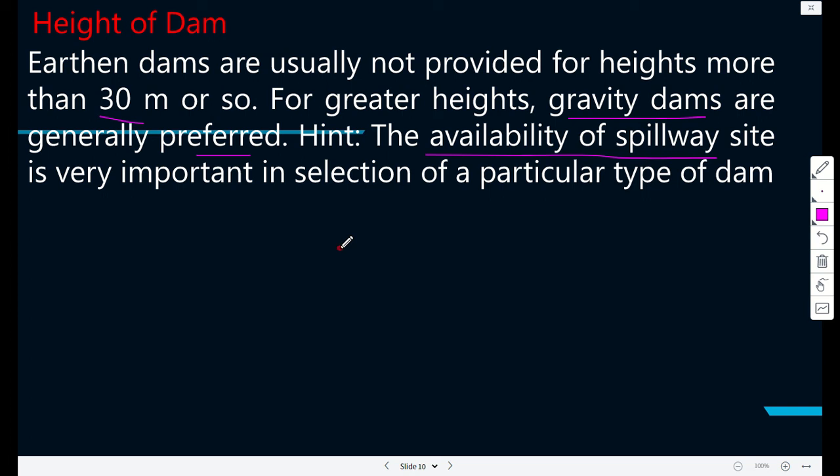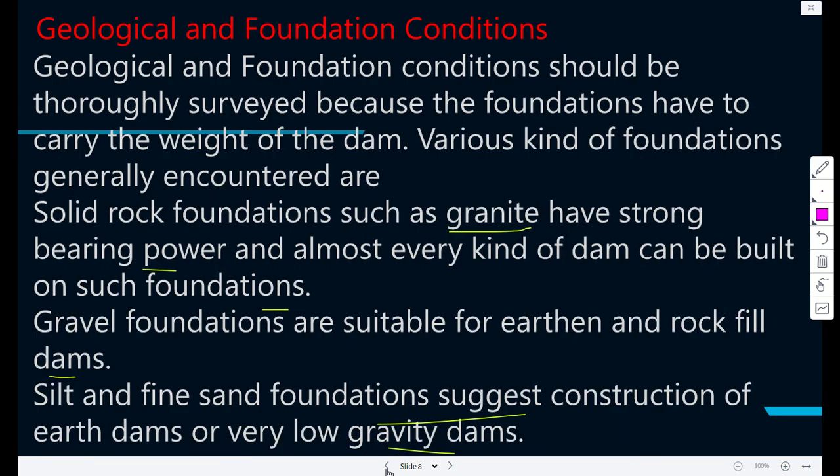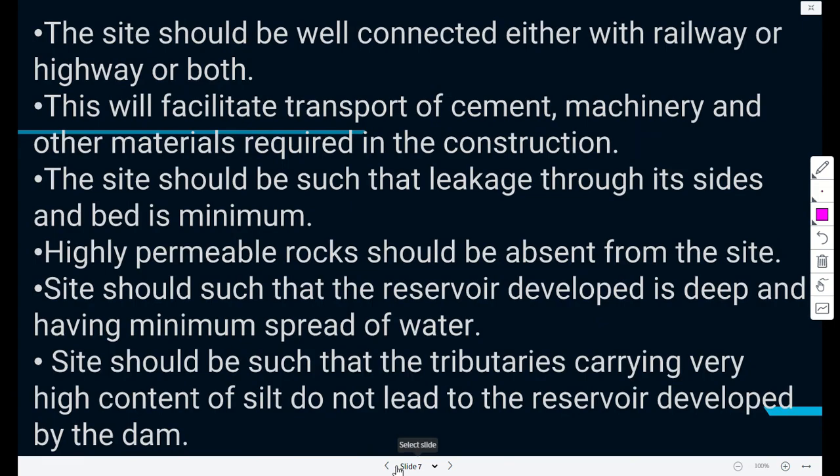Now, spillways are special facilities, guided properly. Even if the water escapes, it is going to be routed back into the river and safely transported to the ocean, or somewhere that is safe, where it doesn't affect other people. So several factors: first, I've said the height of the dam, availability of materials, availability of space to build spillways, the geological and foundation conditions, the topography.